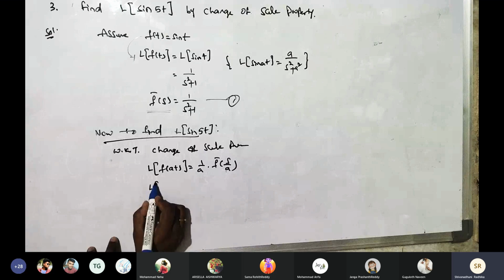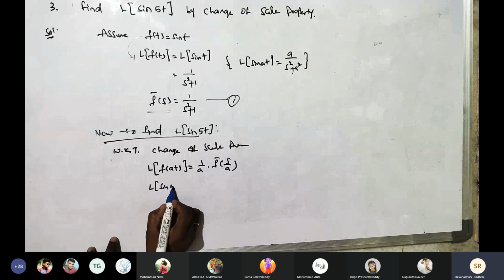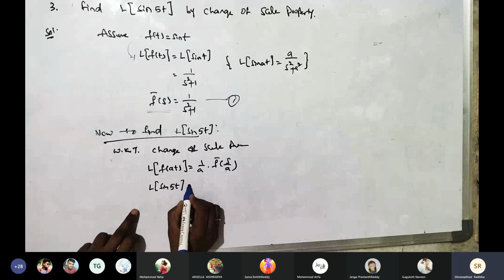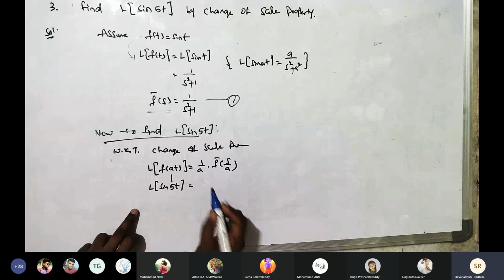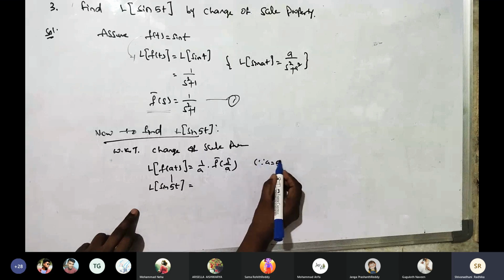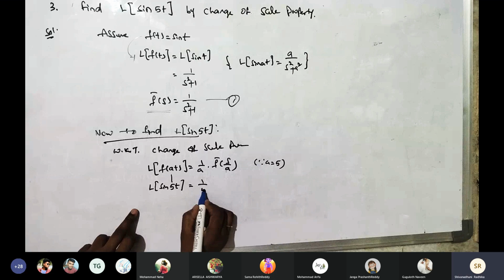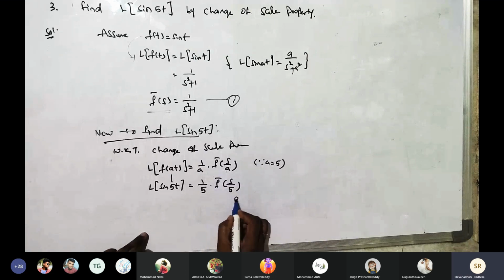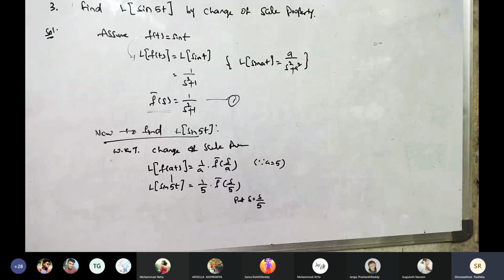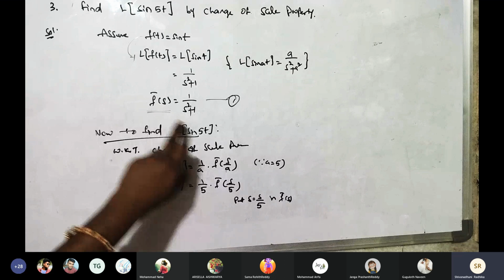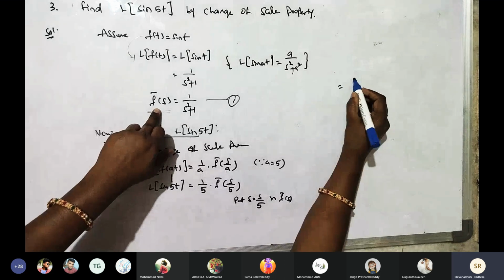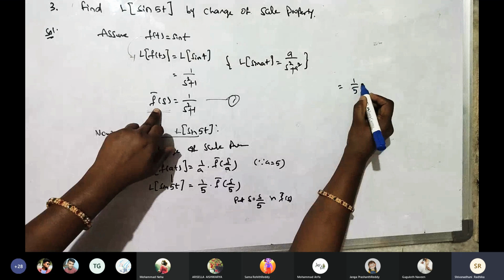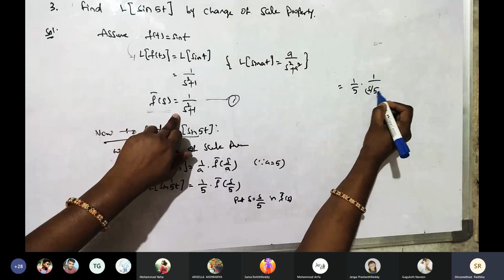Now, L of sin 5t is of the form L of f of a t. So that equals what? Here a equals 5. So 1 by 5 into f bar of s by 5. Now put s equals s by 5 in f bar of s. So what is f bar of s here? 1 by 5 into 1 by (s by 5) whole square plus 1.